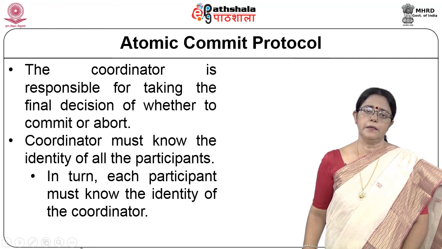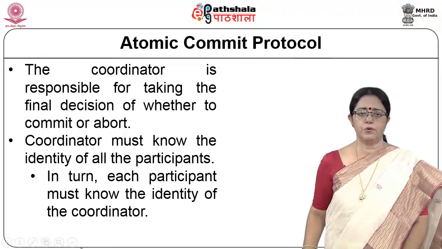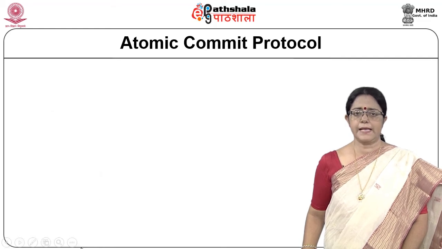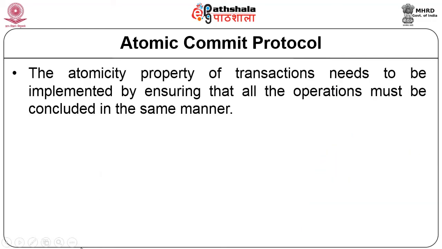In turn, the participating servers also need to know that this particular server is acting as the coordinator. The atomicity property is implemented by ensuring that all the operations are concluded in the same manner. Commit or abort by all the sub-transactions will ensure atomicity.